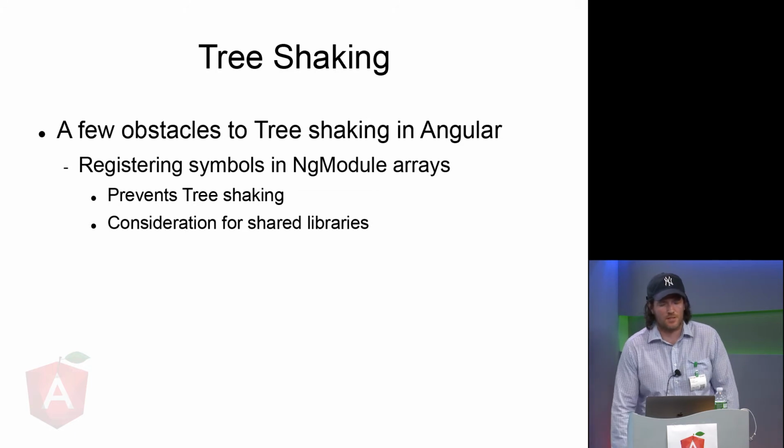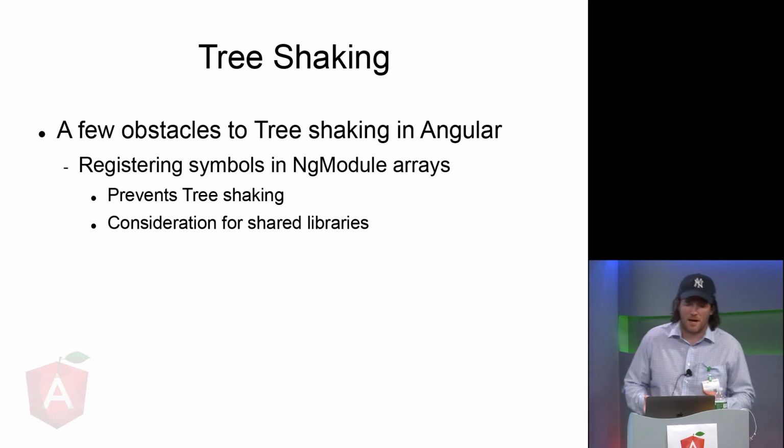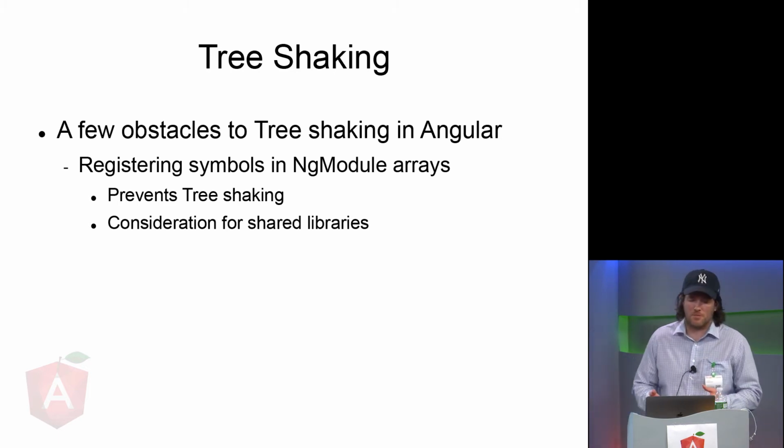Another challenge in Angular is that the patterns in Angular are not completely optimized for tree shaking, because remember, the symbol will be included in the bundle if the symbol is considered to be in use, and what's considered to be in use by Rollup and what's considered to be in use by the programmer may not always be the same thing.